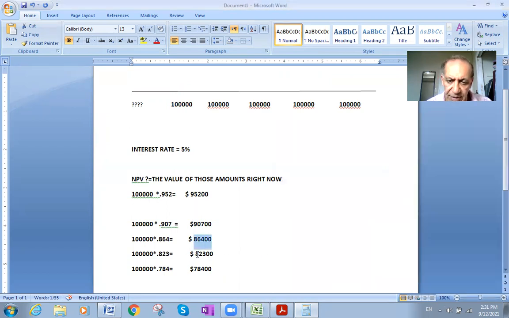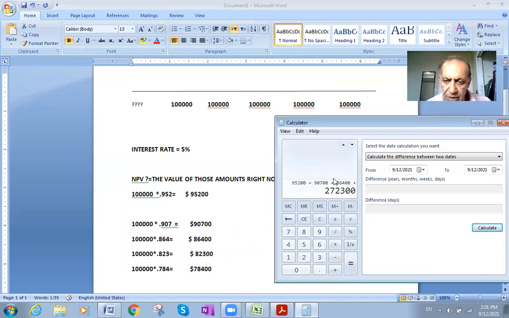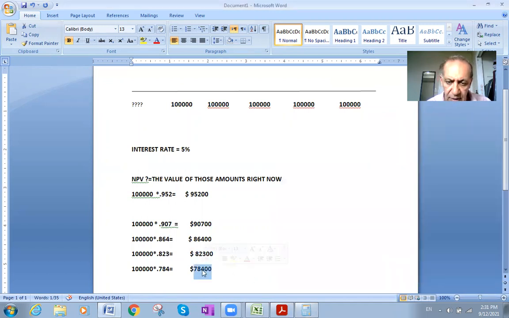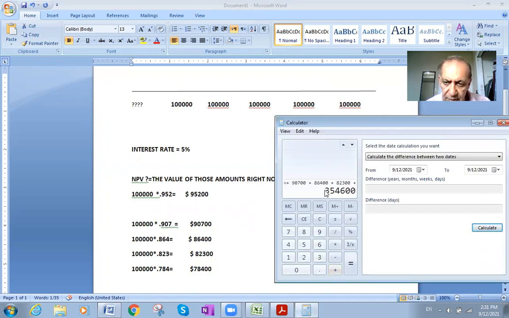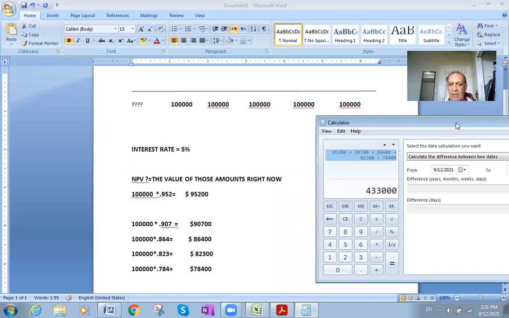The fourth amount, Control and C, plus, and the fifth amount, Control and C, plus, Control and V. That all equals $433,000.